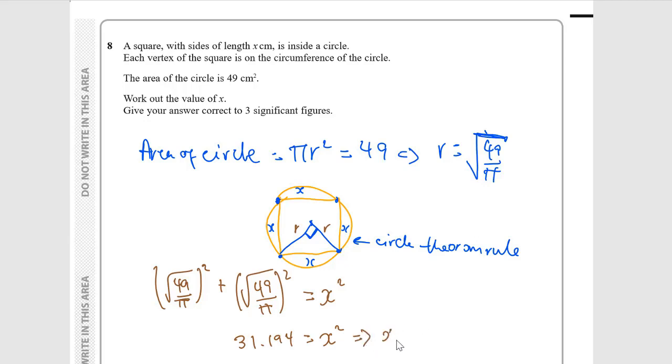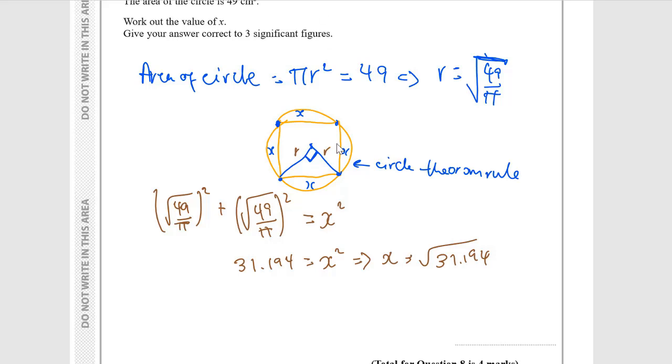This means that x equals the square root of 31.194, and because it wants 3 significant figures, we'll have x equals 5.59.